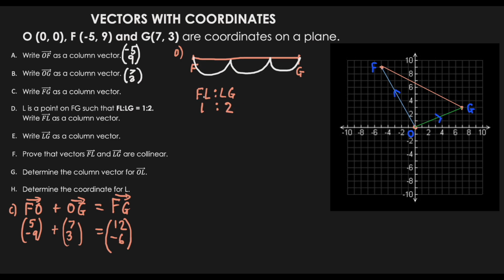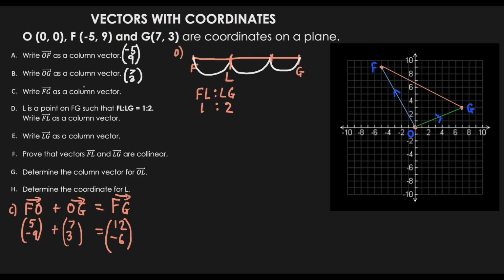Now we're saying that FL represents 1 chair and L to G represents 2 chairs. So my point for L has to either go here or here. Which one do you think would be the position L would go? So because FL has 1 chair, I would put L right here. You see? So F to L has 1 and then L to G has 2.